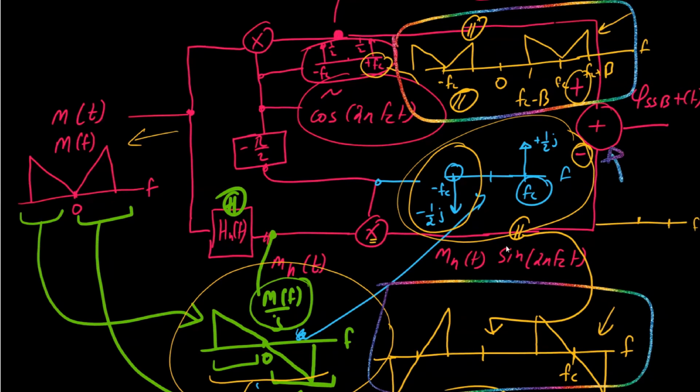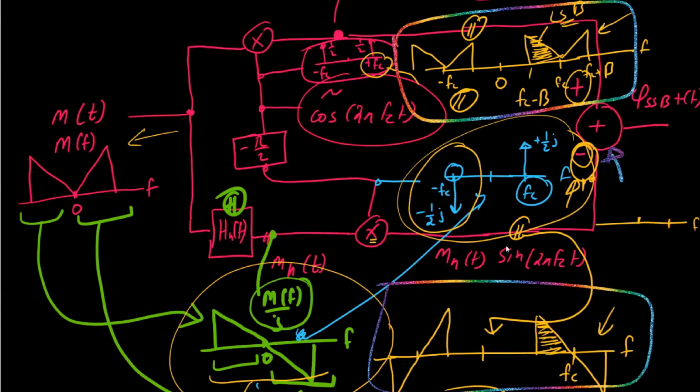So this means that this is going to cancel with this because of this minus sign over here. This part, the lower sideband, is cancelled with the lower sideband of the other because of this minus sign.